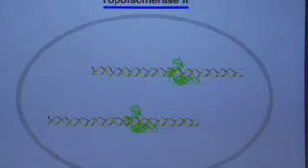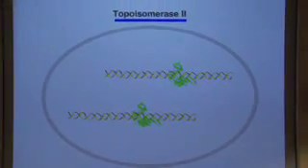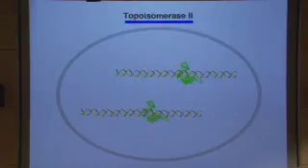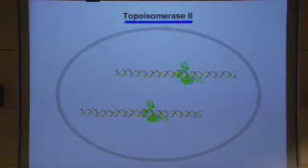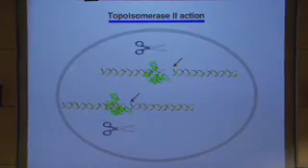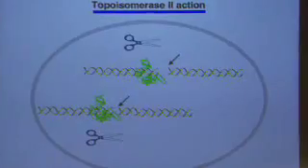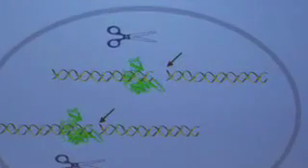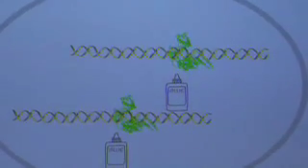And topoisomerase 2 resolves these knots using a very specific strategy. It binds DNA at the site of a knot, and it makes a cut next to the knot. It sort of cheats in resolving the knot. It then resolves the knot and glues the DNA back together.